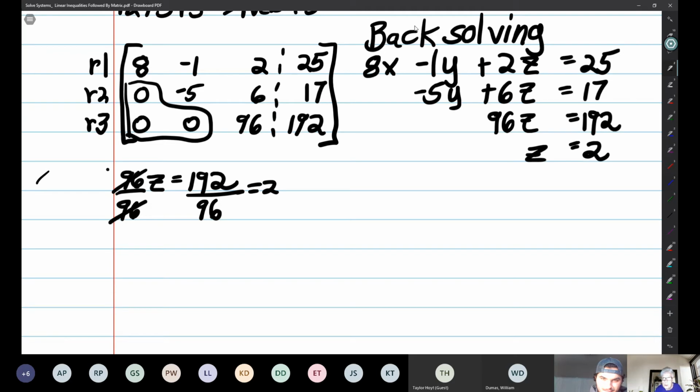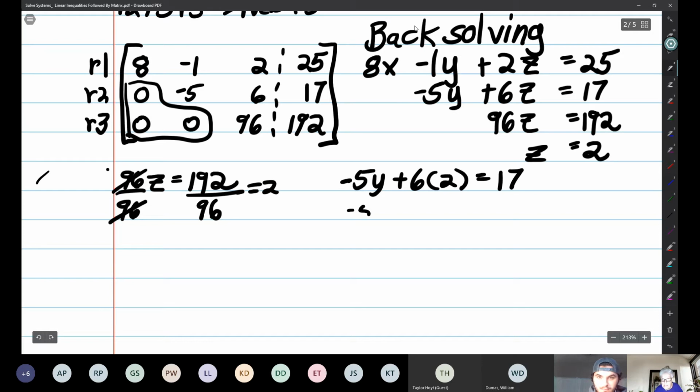Now I go up to negative 5y plus 6z, and z is 2, equals 17. So negative 5y plus 12 equals 17. Subtract 12. Subtract 12. 12 minus 12 is 0.